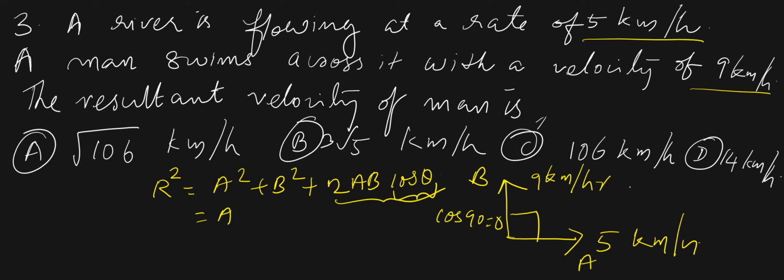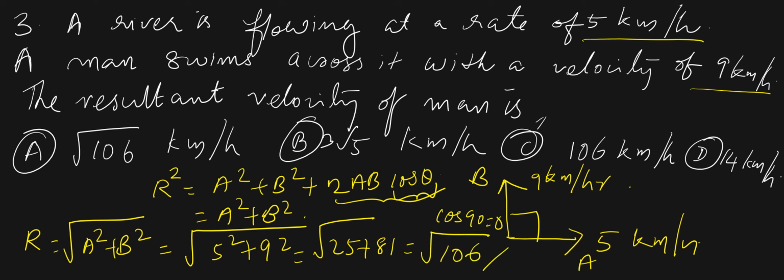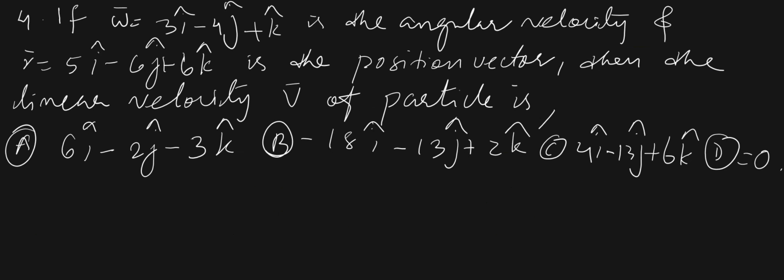So you will get A square plus B square, or R equal to root of A square plus B square, that is root of 5 square plus 9 square, that is root of 25 plus 81, that is square root of 106. So option A is the correct one, square root of 106 km per hour.